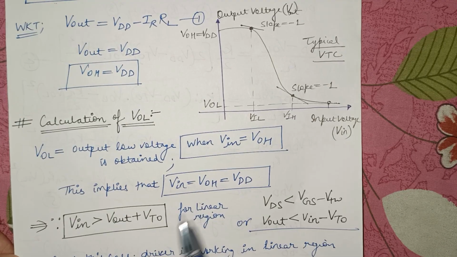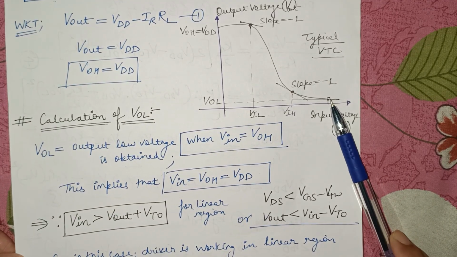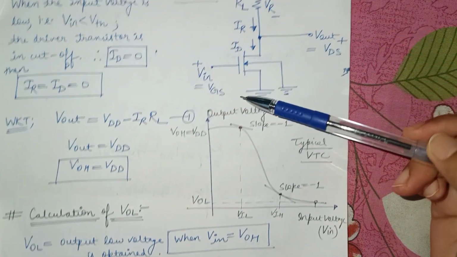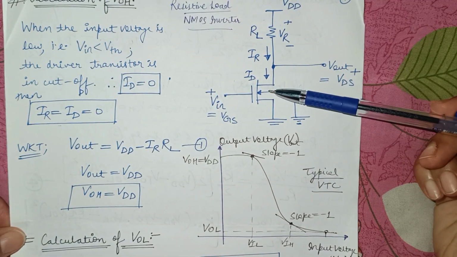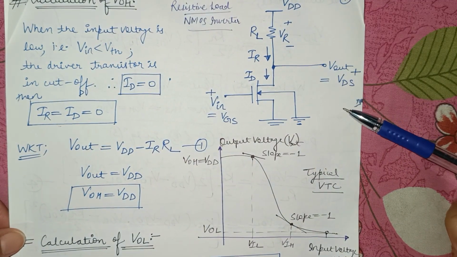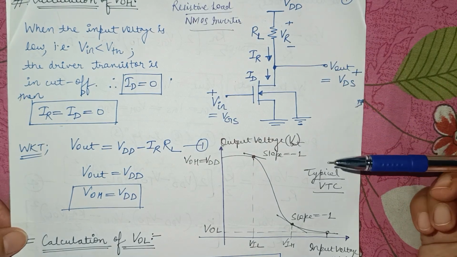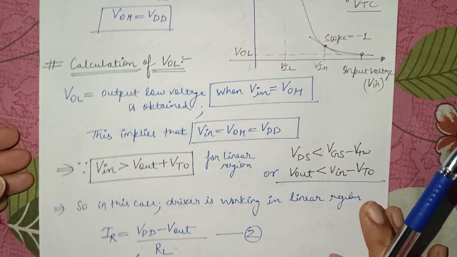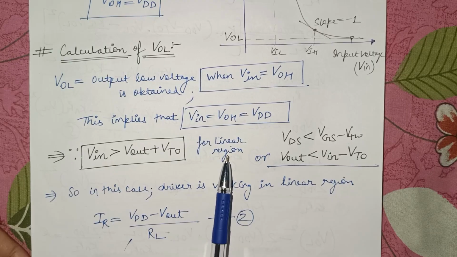If the input is very high, then the drain current is also very high, because as you increase VGS, drain current increases. Then the drop will also be large, so the output will be very low. So the driver will be in the linear region.